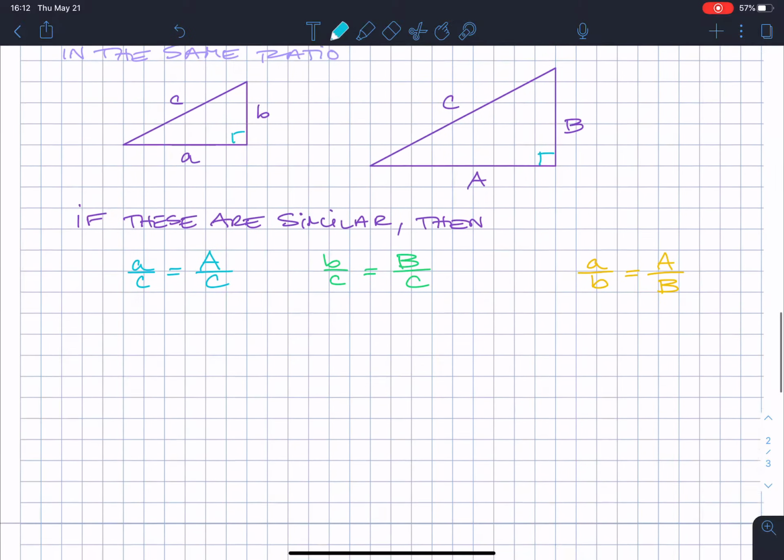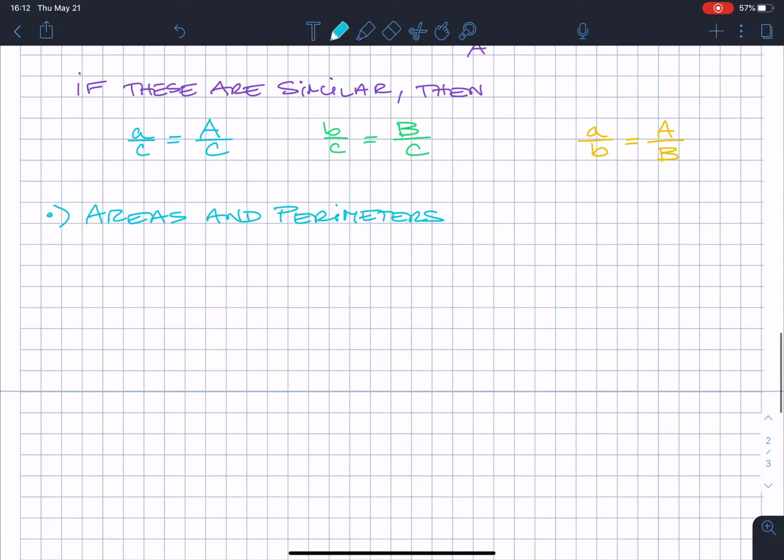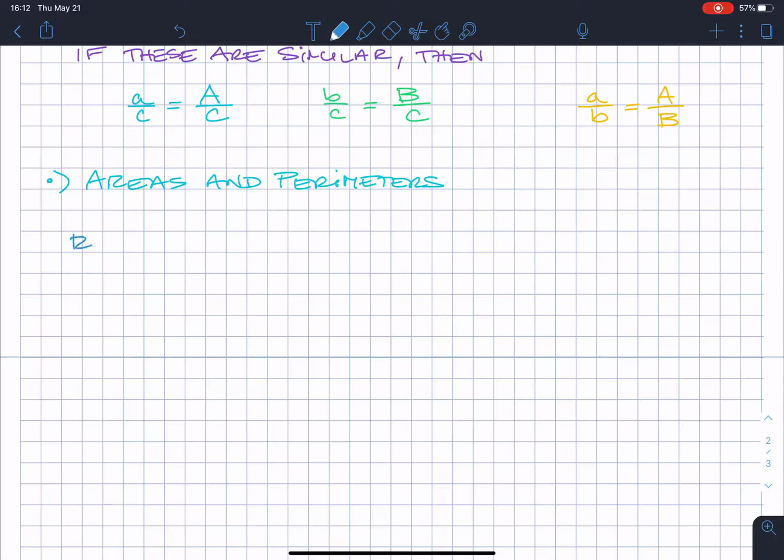So the next subtopic to geometry is areas and perimeters. Okay. So let's start with a rectangle. Hopefully that's the easiest.